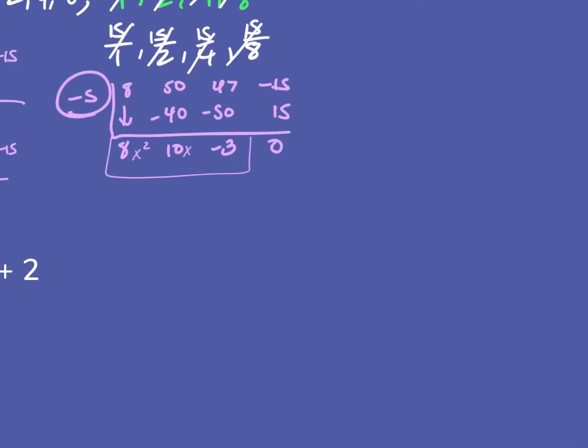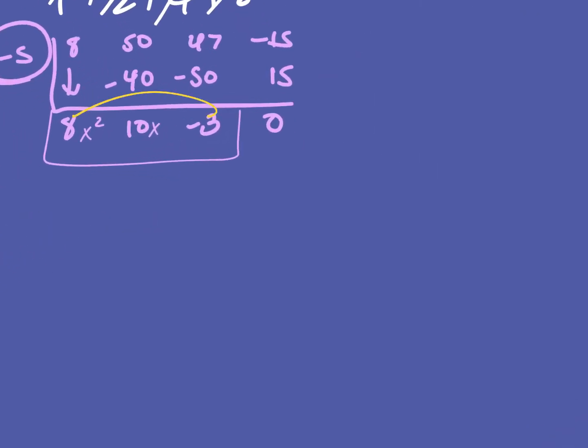All right, so now I'd get 8 times -3, which is -24. Are there factors of -24 that sum to +10? Yeah, which ones? 12 and -2. 8x squared plus 12x minus 2x minus 3. And then factor by grouping.